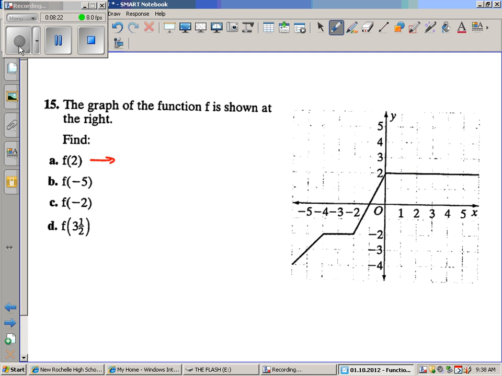You're telling me I just plug that in for what? What's that little 2? What spot does it normally take? What normally goes there? What letter? An X. So what they're trying to say is that 2 is the X. What is the Y value that goes with it? So all you do is look on the graph over at 2 and up over here, and it's going to be what? It's going to be 2. Right?